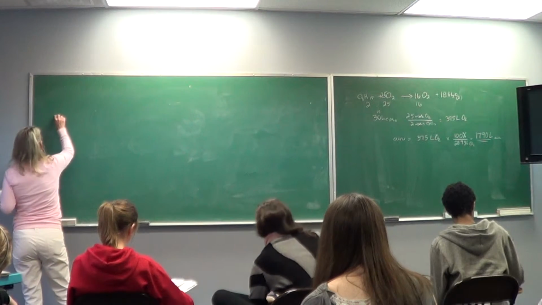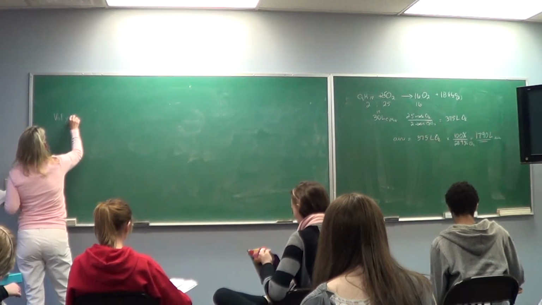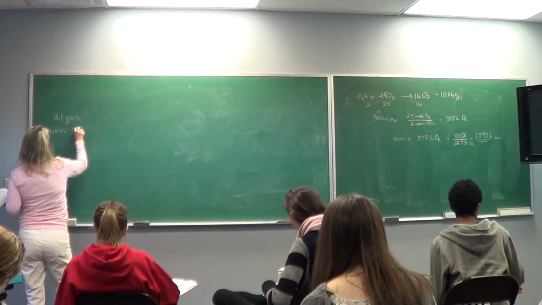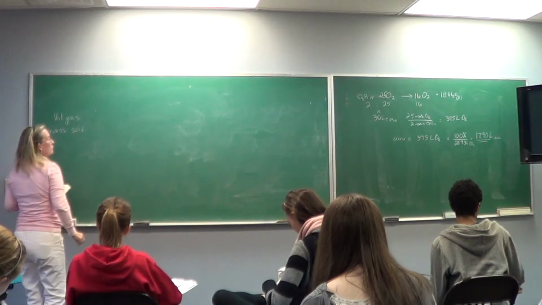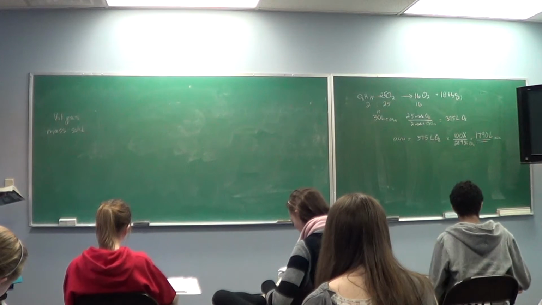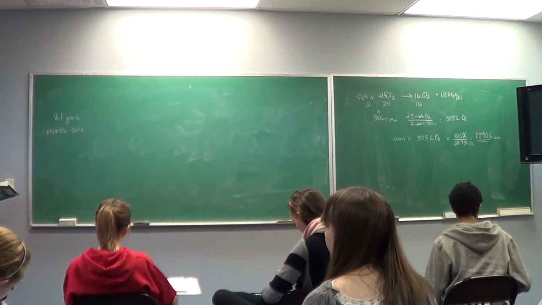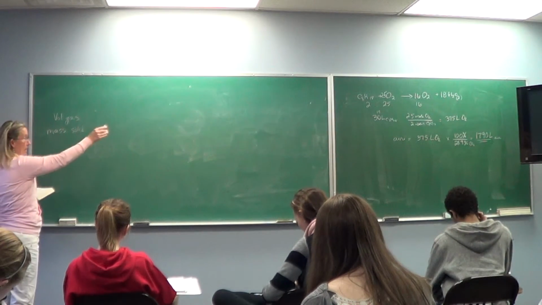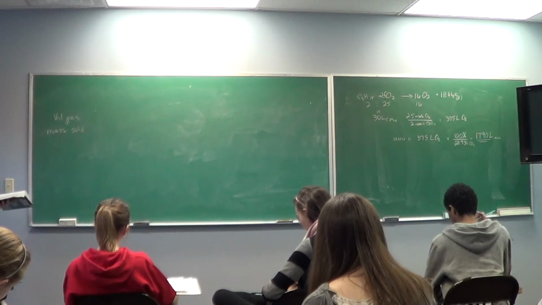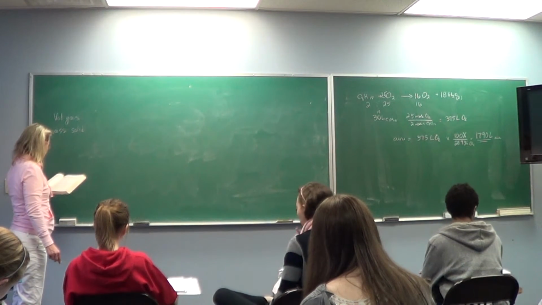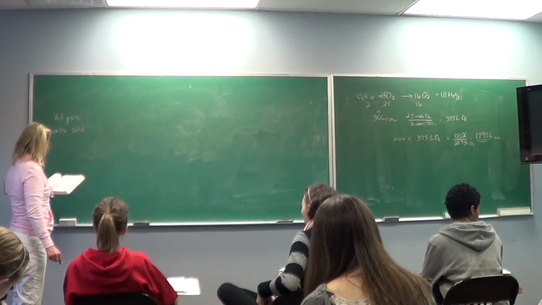We're going to look at the volume of gas and the mass of a solid. So when you read the problem, you have to understand that we're looking at a solid and a gas now, not a gas and a gas. When you read the problem, you have to decide whether you're going to do it the way we've just finished doing, or if you need to use this kind of formula.